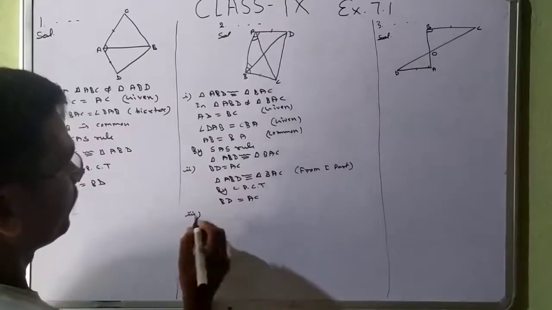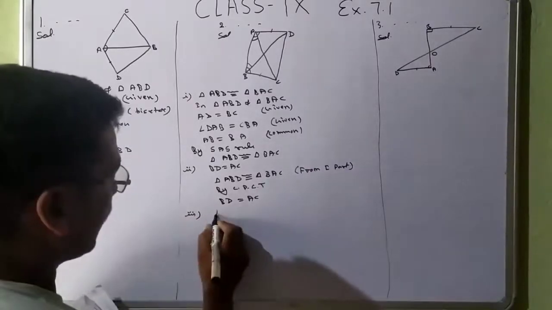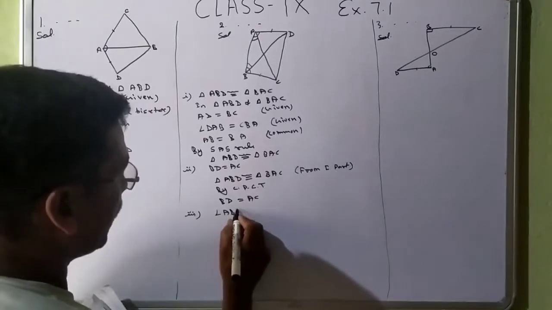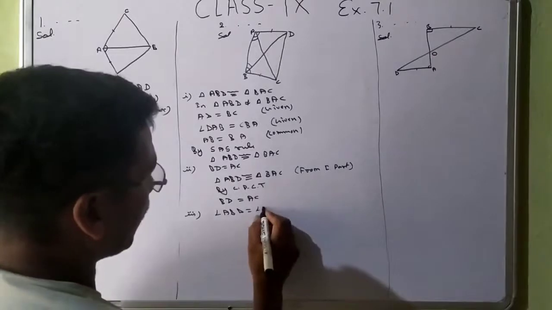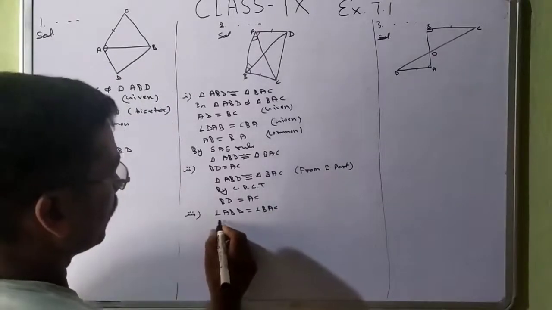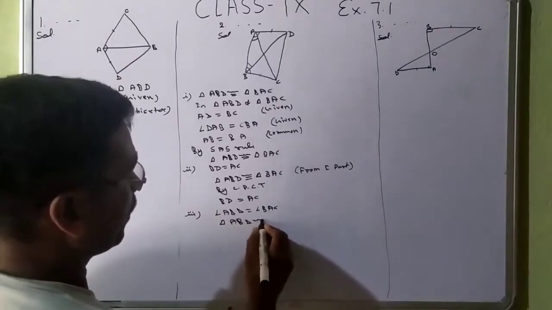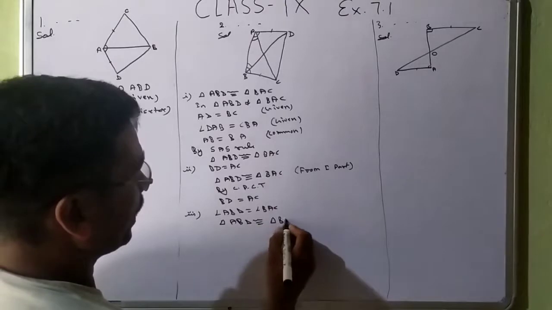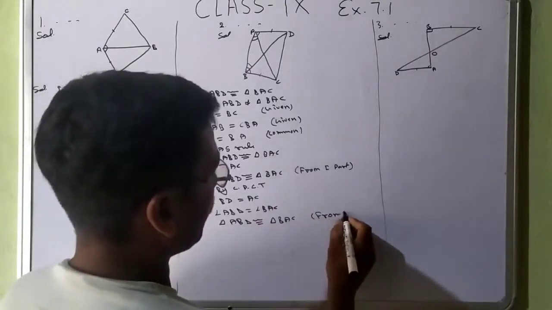Third part, angle ABD is equal to angle BAC. Triangle ABD is congruent to triangle BAC from the first part.